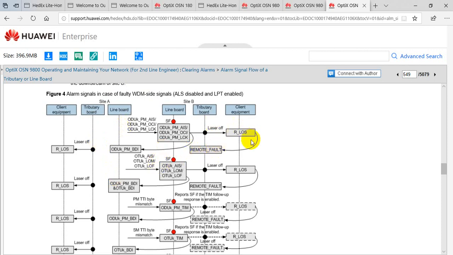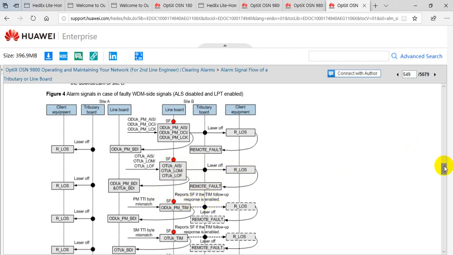So R loss, remote fault, and because of this BDI, this is also laser off. Because in this direction there is a problem, the laser will be off. So in all cases of failure type of alarm, the forward direction or downstream direction laser will be turned off, and because of the R loss there will be a remote fault triggered back.